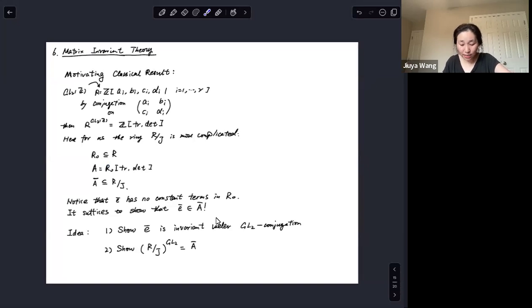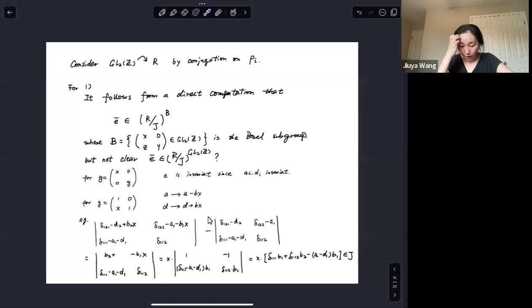So it suffices for us to show that this E bar lies in A bar. That is the new question, whether we can show these two sub-questions. Now consider this GL2 action on R, conjugating on these rho i, similarly as before.